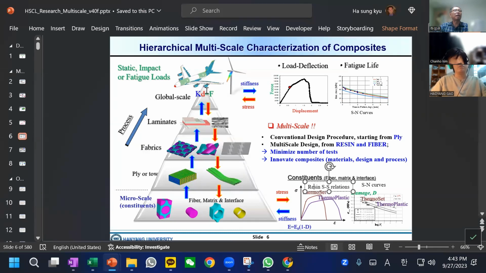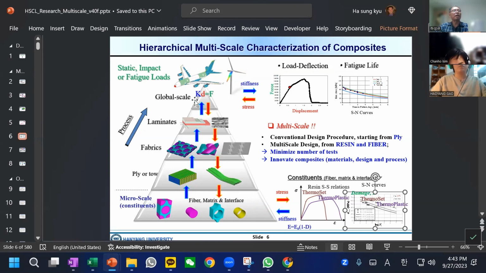Fatigue, you have a lot of cyclic or random load here. So whatever stress developed will be transmitted or carried by the laminate and fabrics and ply and fiber and resin system. So resin system and the fiber system, or resin can be thermoset and thermoplastic, has its own SN curve.